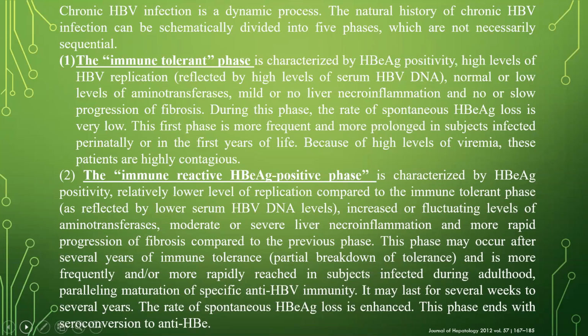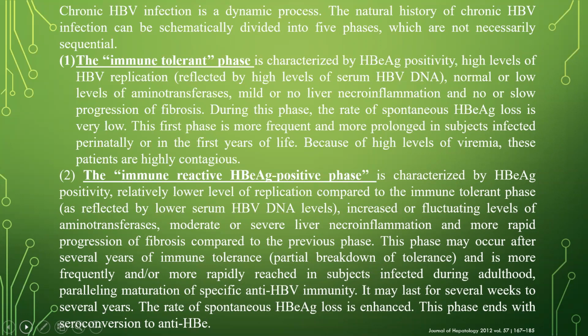During this phase, the rate of spontaneous loss of HBe antigen is very low. This first phase is more frequent and more prolonged in subjects infected perinatally or in the first year of life. Because of the high level of viremia, these patients are highly contagious.